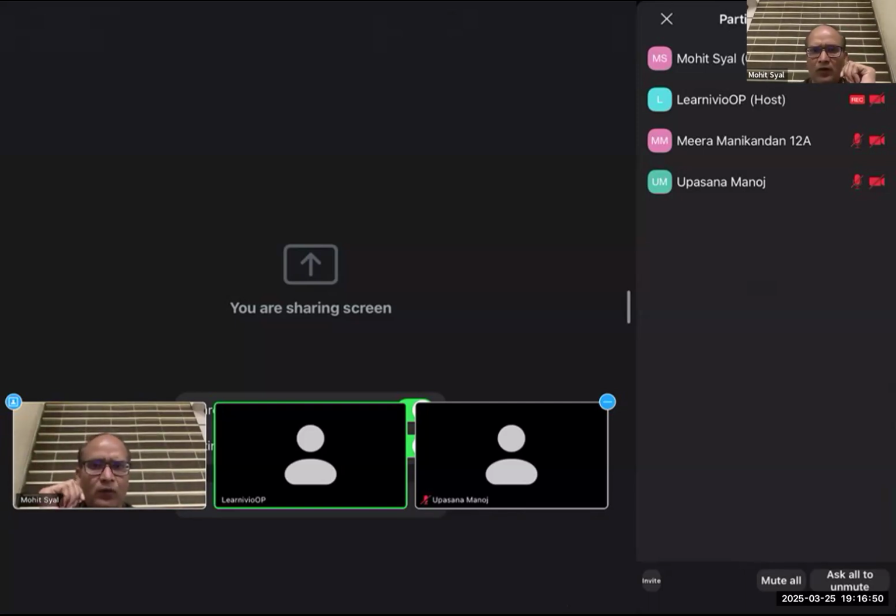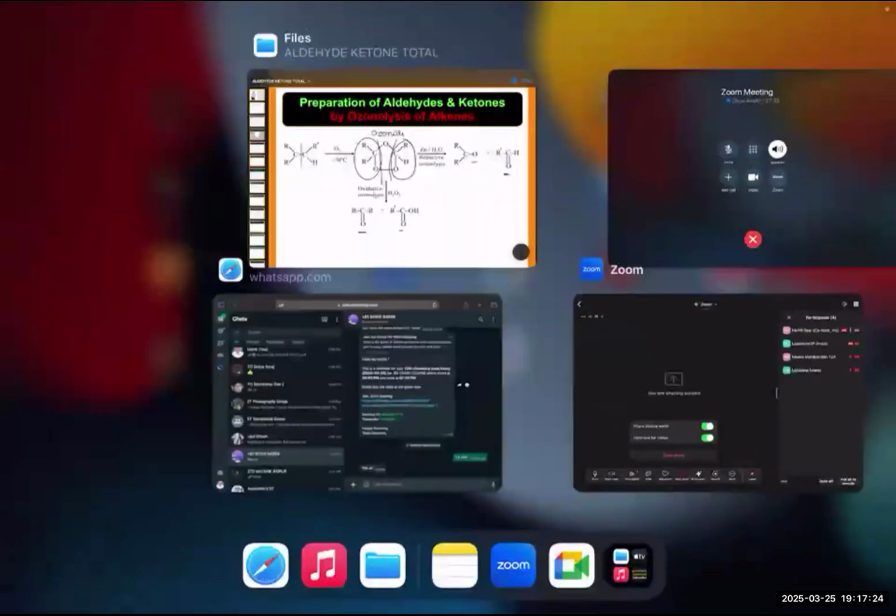If you are doing reductive ozonolysis, you will have zinc or dimethyl sulfide, Me2S, written along with the ozone: ozone followed by zinc, or ozone followed by Me2S. In reductive ozonolysis, you break the double bond, put O and O, that's it, complete, right?